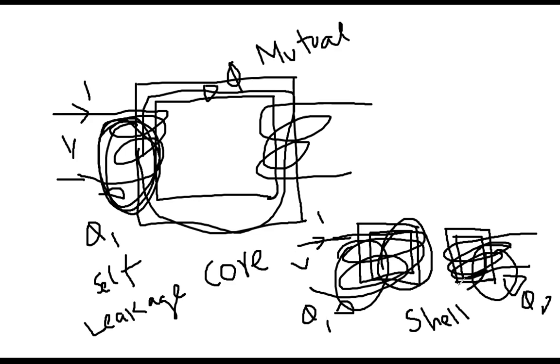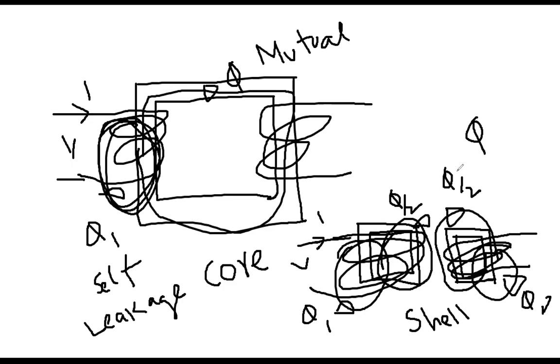But then there will be another flux which is going. For example, this is phi over 2 that is coming from here, and that is coming from this coil, which is phi over 2. Therefore, if you sum up phi over 2 and phi over 2, the total flux is phi. So in this case, this is the mutual flux, the sum of this coil's and this coil's flux. In this case, the mutual flux is much higher than the self fluxes.